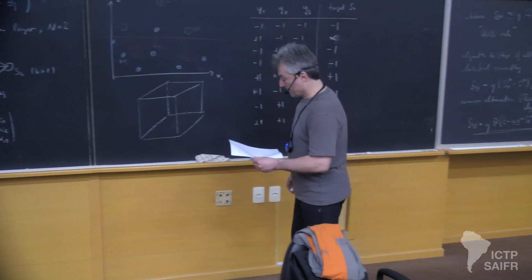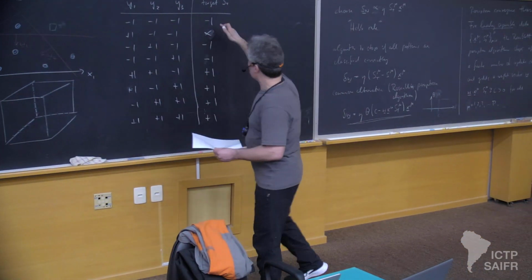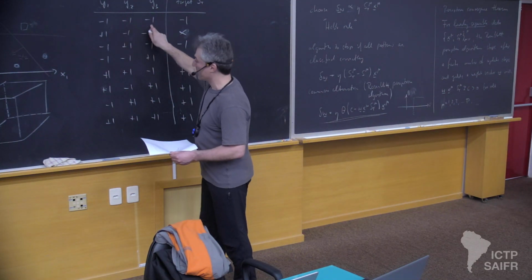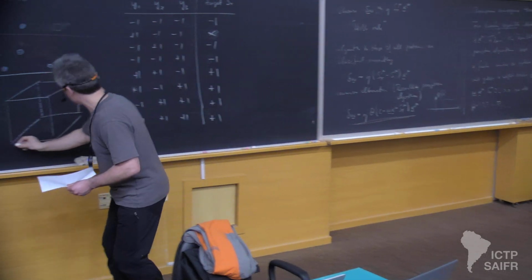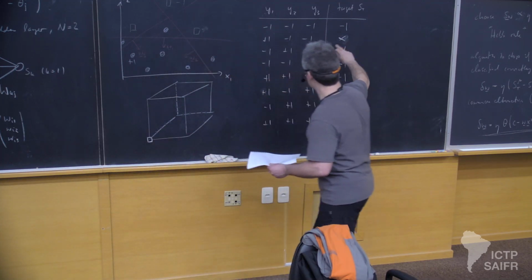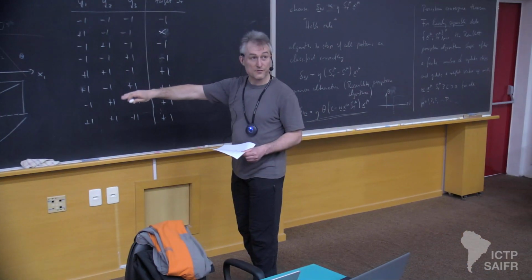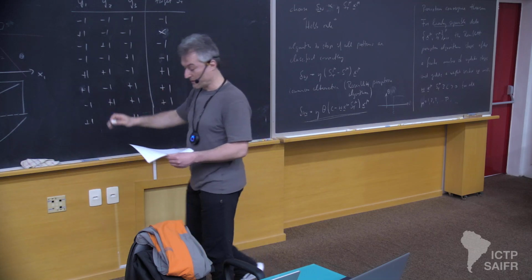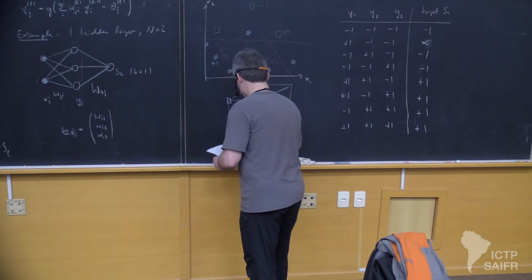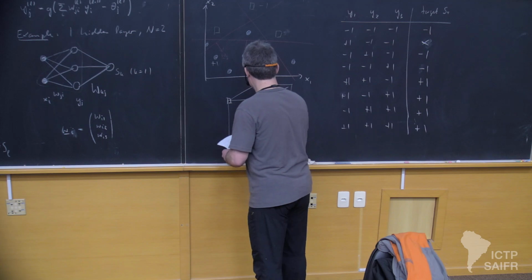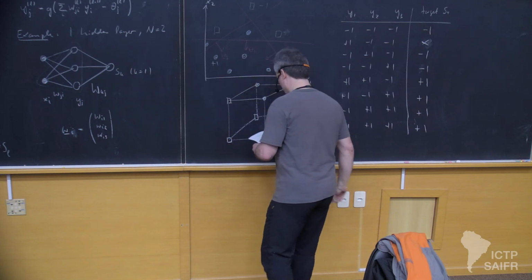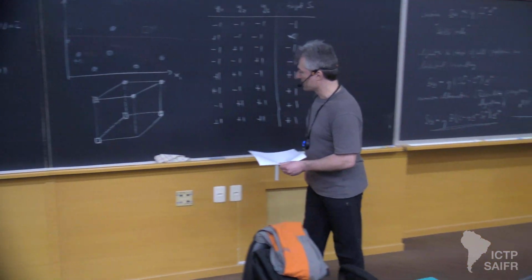Okay, and if I translate these points, -1, -1, -1, which is minus, minus, minus here, and if I translate these points to all these corners in the cube, which are minus and plus ones, I get the following representation. Provided I did it correctly in my notes.